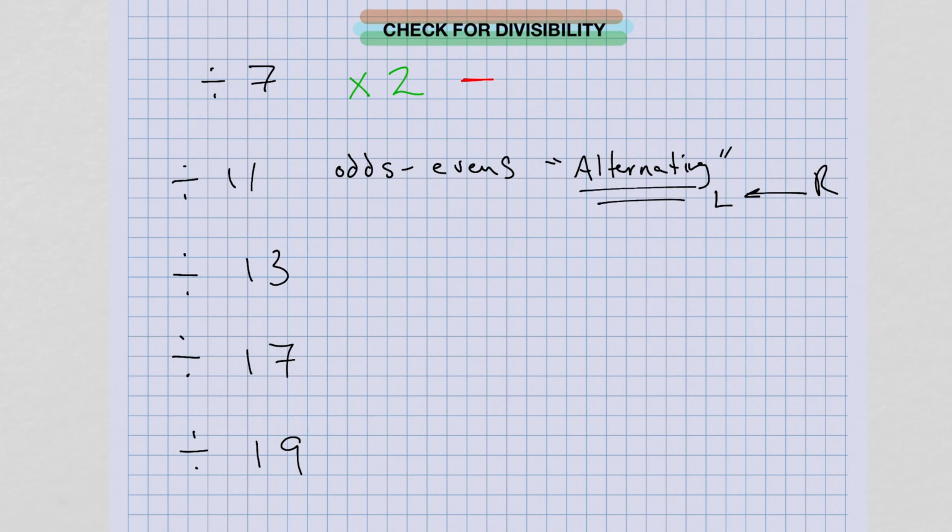Divisibility by 13, we're going to multiply by 4 and then add. Divisibility by 17, we're going to multiply by 5 and then subtract. And finally, divisibility by 19, we're going to multiply by 2 and then add. These are kind of your keys here.